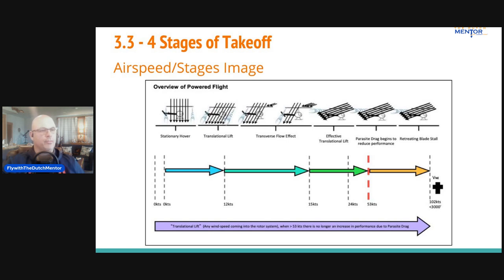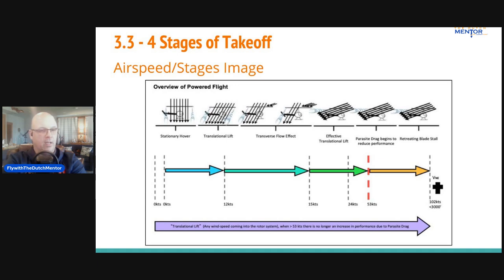All right, so this is a good demonstration over here. It's a visualization of what that looks like at the different stages of stationary to translational lift, to transverse flow, to effective translational lift, to overcoming the parasite drag, reducing the performance, whether that's the profile and the parasite, and then the retreating blade stall when you go too fast.